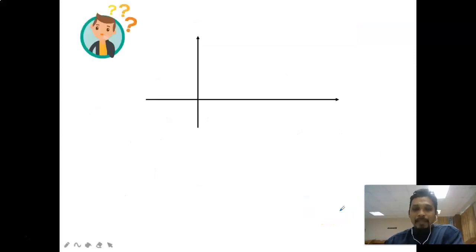So the first one here, let's say from the beginning until the end, let's see whether we can sketch the graph smoothly or not. There you go, I don't need to lift the pen or shift the pen out from the line.